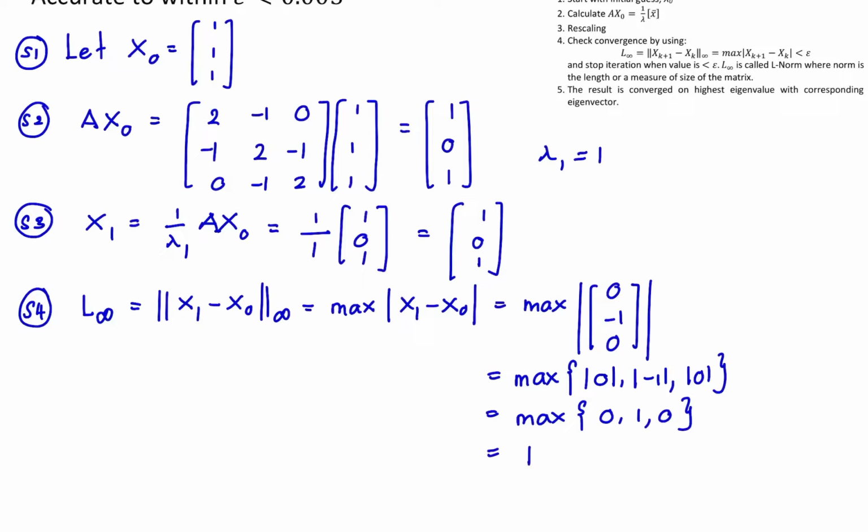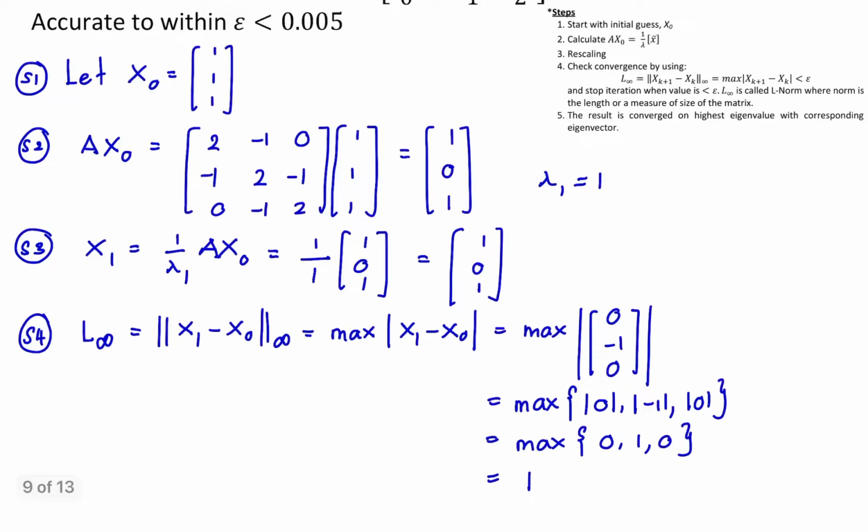Now only you check, is this less than your epsilon value? In the question, epsilon must be less than 0.005. Obviously 1 is not less than epsilon. Therefore we can't accept this as our eigenvector. That means we have to iterate another set.